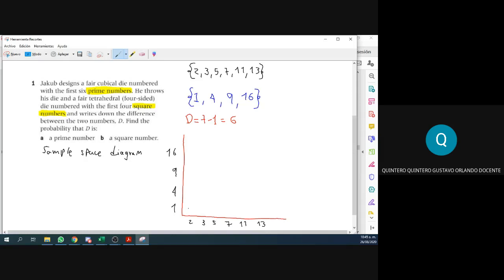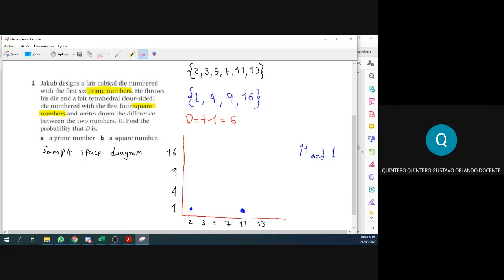And we are going to do little dots representing the combinations. So for example, this dot that I'm going to do here represents the possibility that I get a 2 in the first die and a 1 in the second die. Did you get it? How about this little dot here? This little dot represents me getting an 11 on the first one and a 1 in the second one.